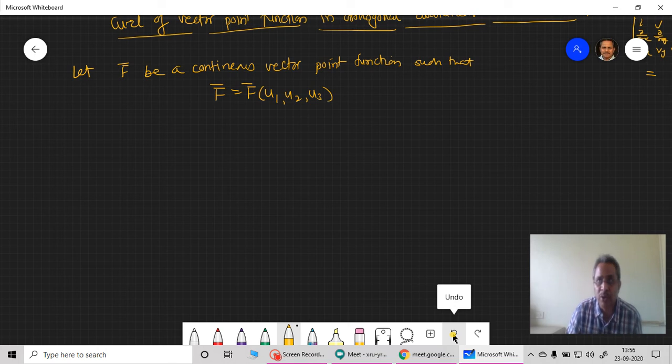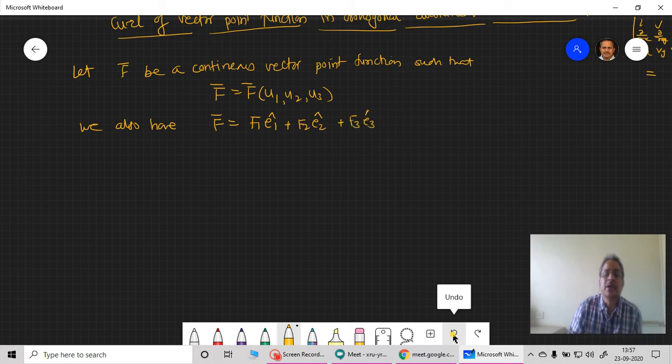These u1, u2, u3 are the orthogonal curvilinear coordinates. We also have its vector form. Earlier we wrote f bar as f1 component into the unit vector e1 cap in the first direction, f2 into the second unit vector e2 cap in the second direction, plus f3 into e3 cap, the third unit vector in the third direction. Both of these equations are known to us.